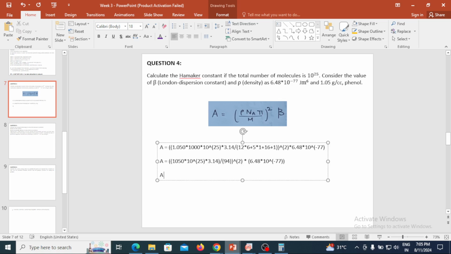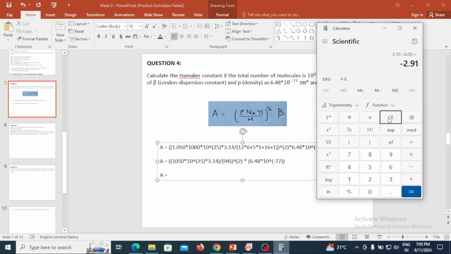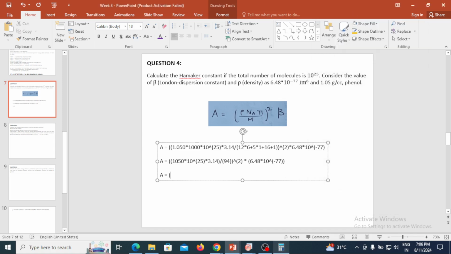So the value of A is nothing but 1050 by 3 multiplied by 1050 times 3.14 divided by 94, that is 35.07, 10 to the power 25, whole square times this 6.48 into 10 to the power minus 77.